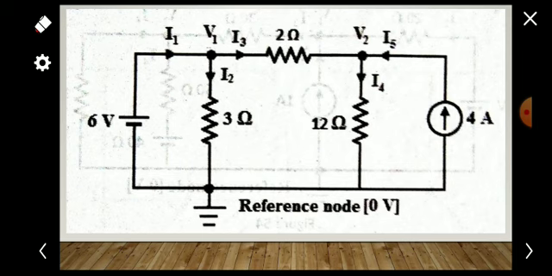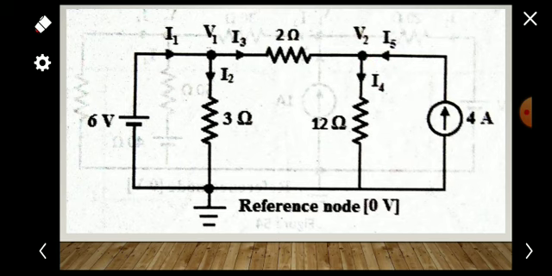The node voltage is nothing but the potential of this point with reference to our reference node. In the earlier case you saw that this is node A, so V1 means the potential of node A with respect to the reference node, and V2 means this point with respect to the reference node.